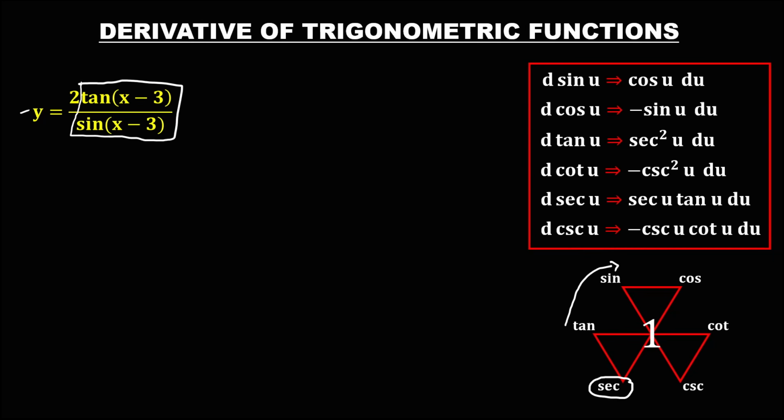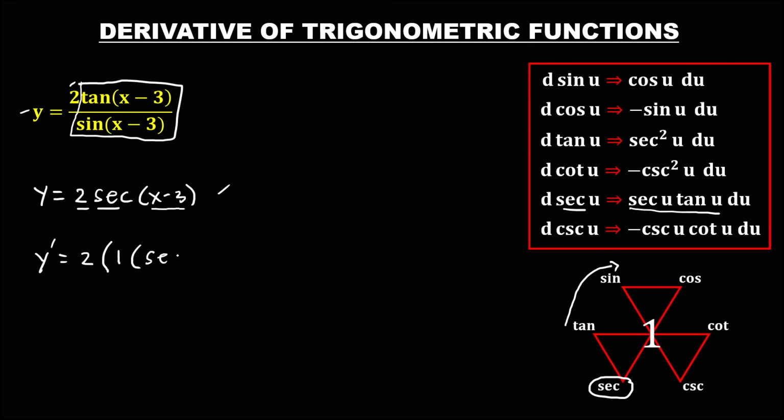So we can rewrite the given. y equals, bring down the constant, and this is equal to secant x minus 3. Then we can evaluate the derivative using this equation. So y prime equals, again, bring down the constant, then times the derivative of x minus 3, which is 1, then times the derivative of secant, secant u tangent u, or tangent u secant u.